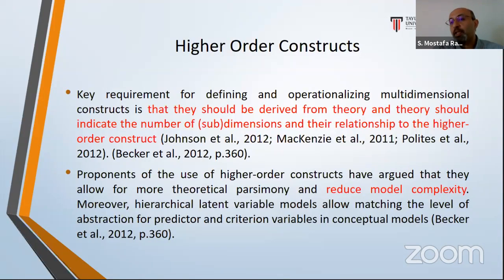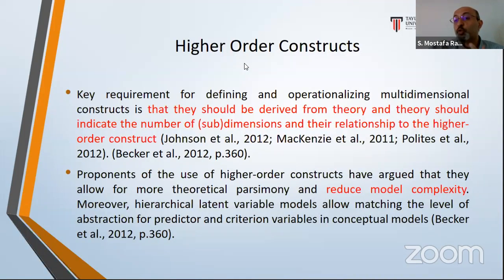For example, if we want to include perceived value in our framework, we need support from the literature that perceived value includes, for example, three dimensions: functional value, social value, and emotional value. We need this type of justification, and this justification is support from measurement theory.